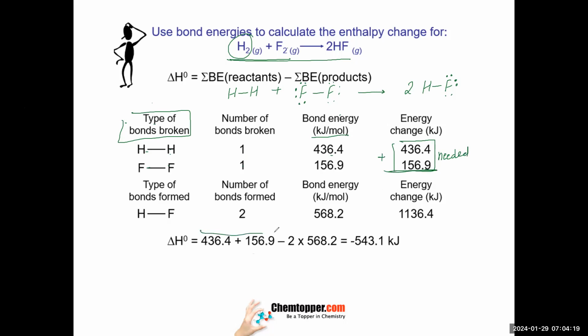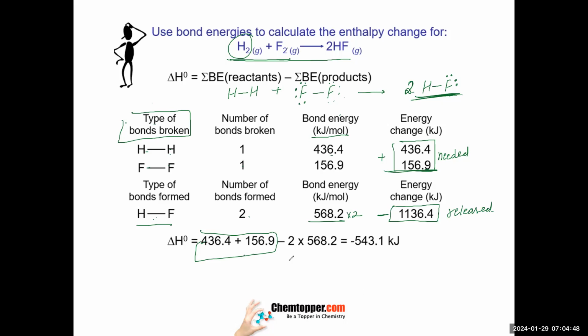See, they are adding them. HF is formed. How many such bonds are formed? 2. What is the energy for one bond? This much. 2 means multiplied by 2. And then this energy is released, because it is bond formation.